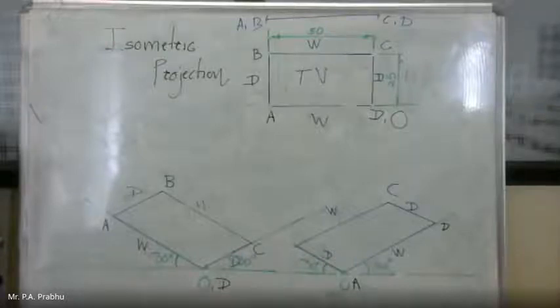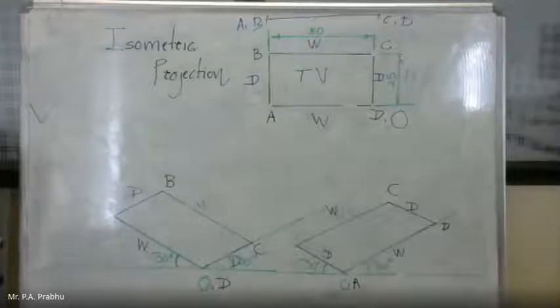If origin is at your left side, mark the width on the right side, opposite direction. If suppose the origin is at your left side, mark width or length on your right side. So understood? Samala? Okay.